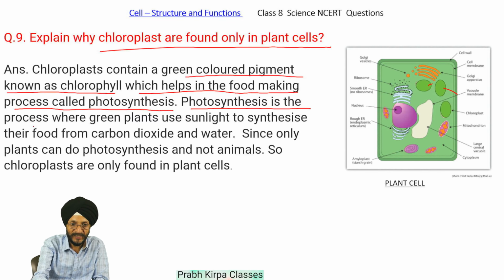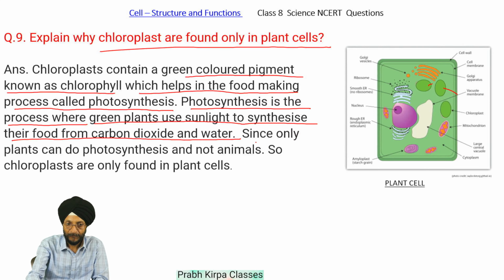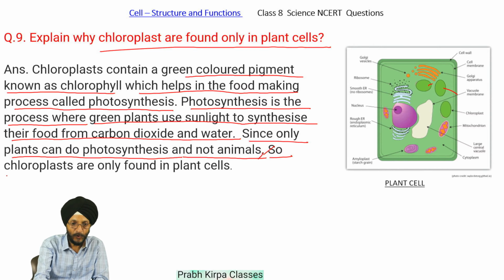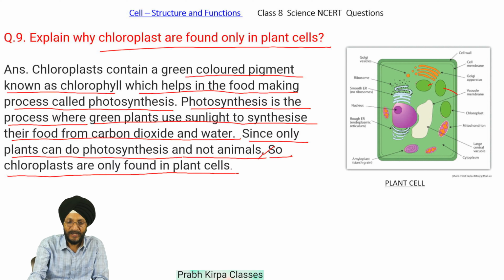Photosynthesis is the process where green plants use sunlight to synthesize their food from carbon dioxide and water. Since only plants can do photosynthesis and not animals, chloroplasts are only found in plant cells.